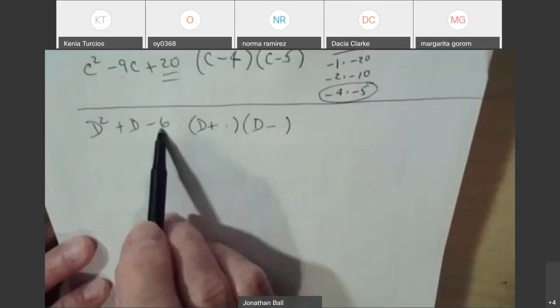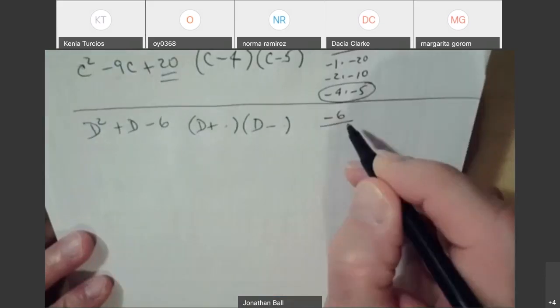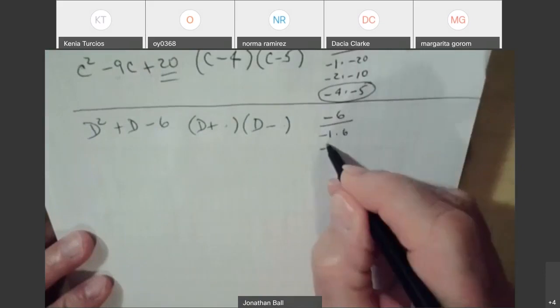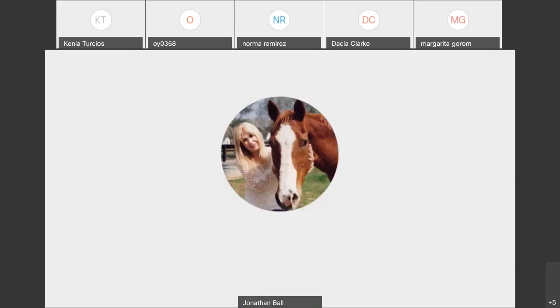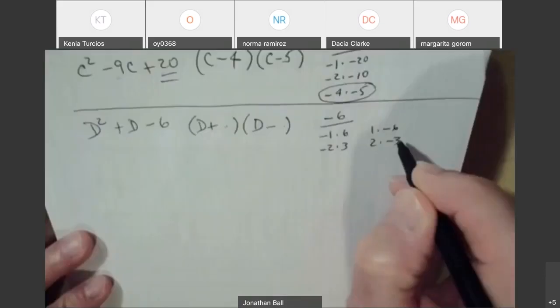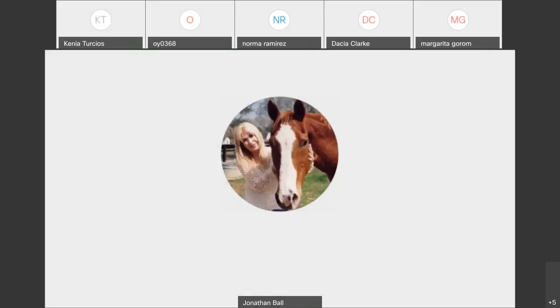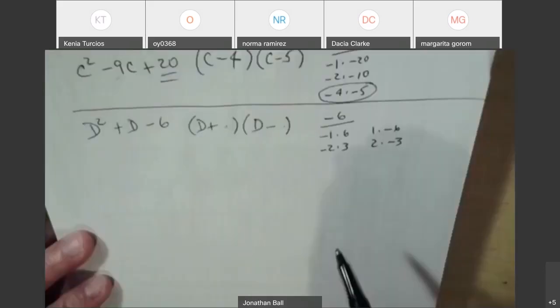Now, what are the factors of negative 6? Negative 1 times 6, negative 2 times 3. That's it there, isn't it? It's also 1 times negative 6 and negative 3. Okay?